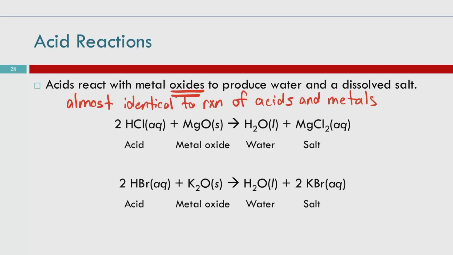When we had acids and metals, the magnesium, for example, reacted and it formed H2. We've added this oxygen. That oxygen goes with the H2 now. And so it forms water instead of H2 gas.